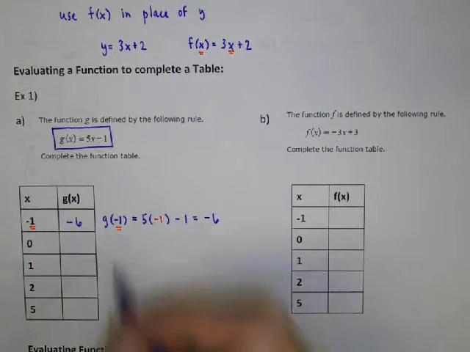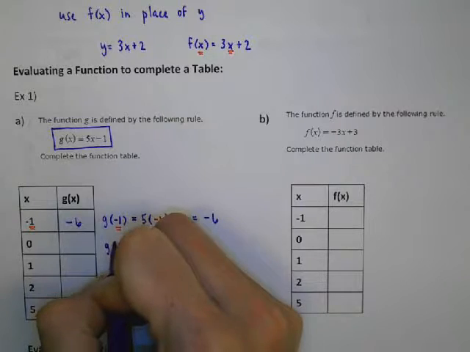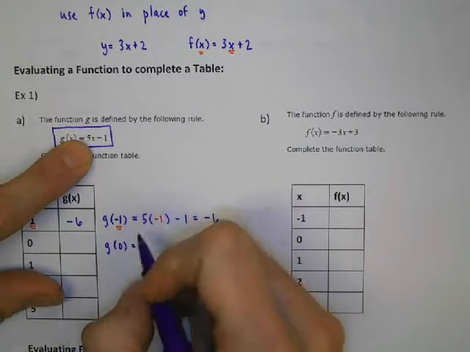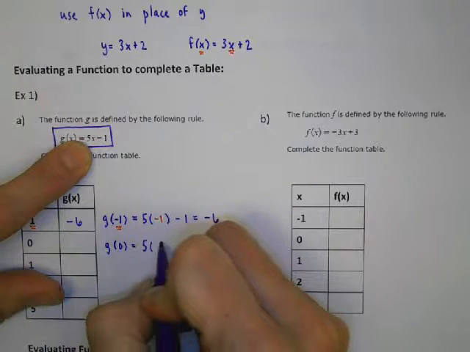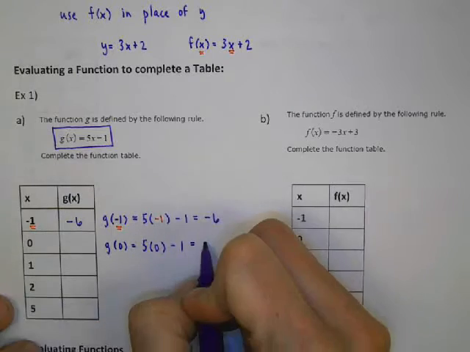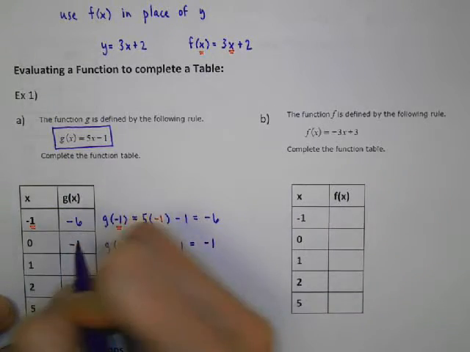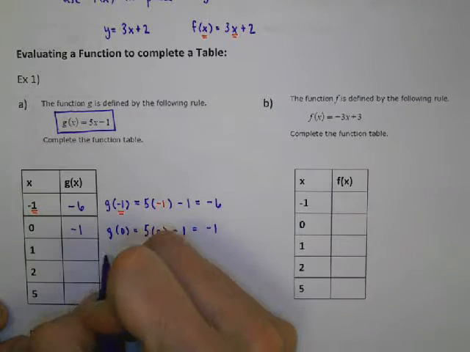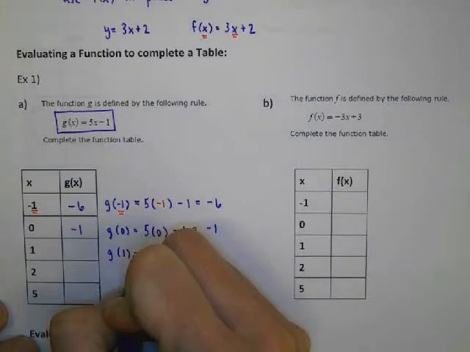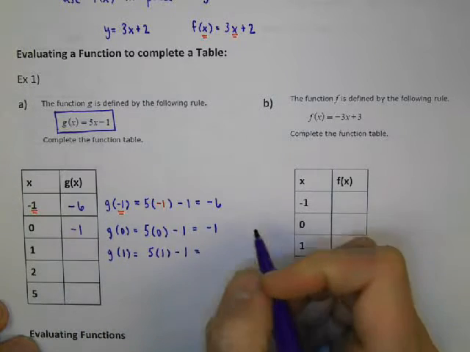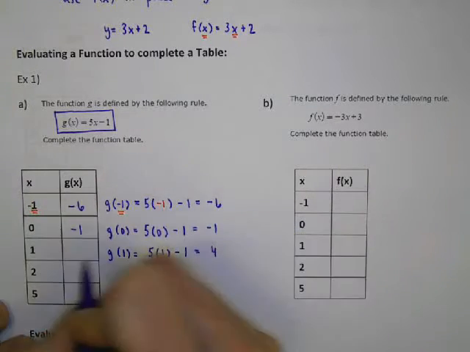And I'm going to do the same thing for the whole table. So now I want g of 0. Again, I'm going to replace x with 0. I'm going to plug in a 0, and when I evaluate that, I'm going to get a negative 1 out. And so I'm going to do that for the rest of the table. G of 1 is 5 times 1 minus 1, which is going to give me 4.